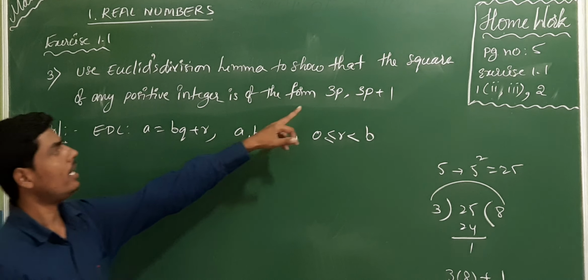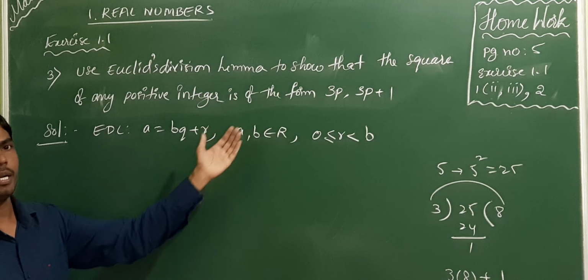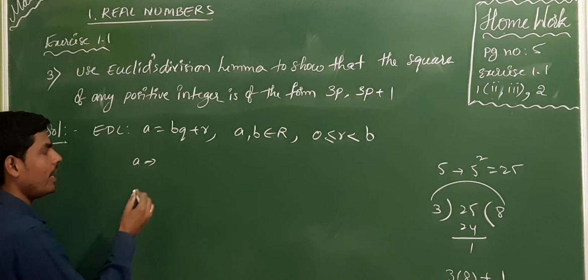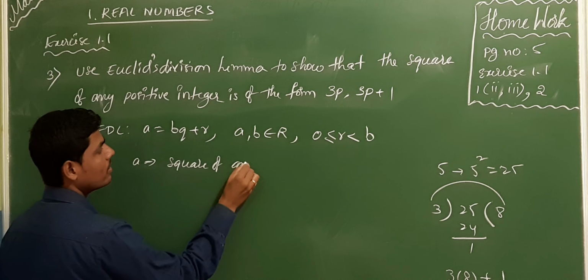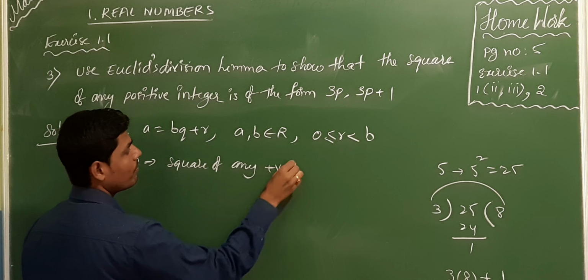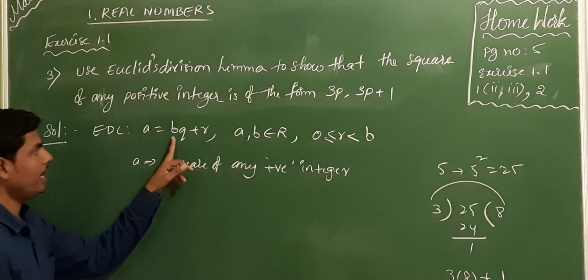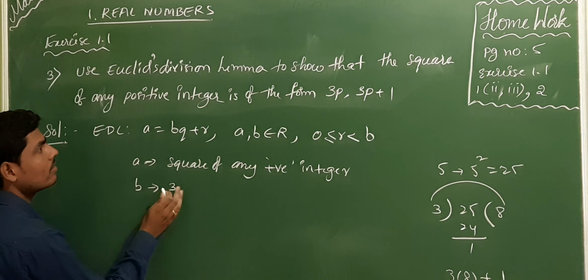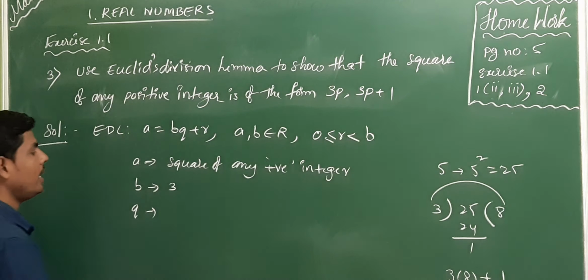Now 3p, 3p plus 1: compare this with the Euclid's lemma statement. a is the square of any positive integer. Next b, compare with that form: b is 3. Next q, any integer.